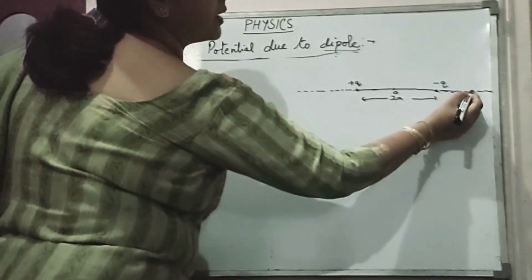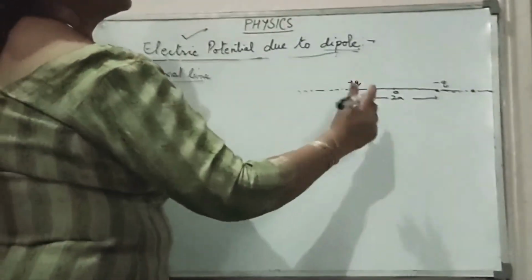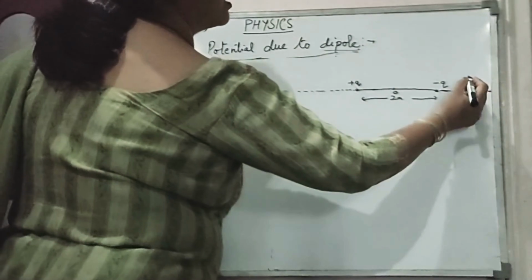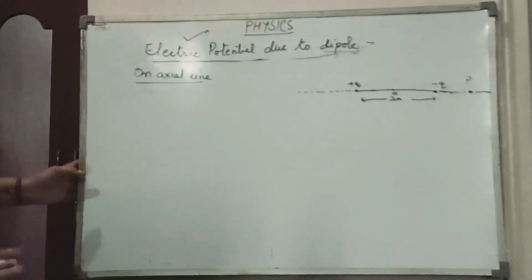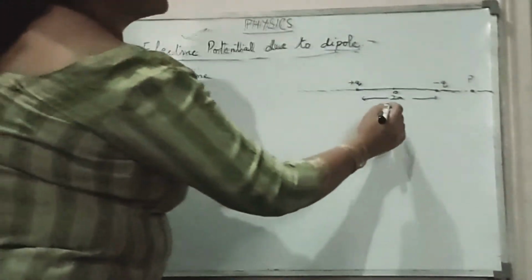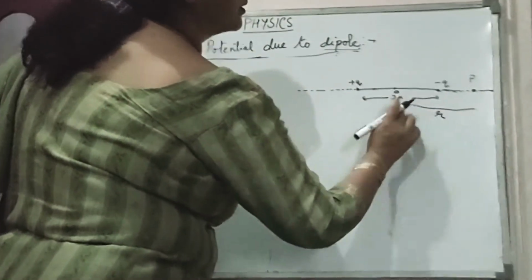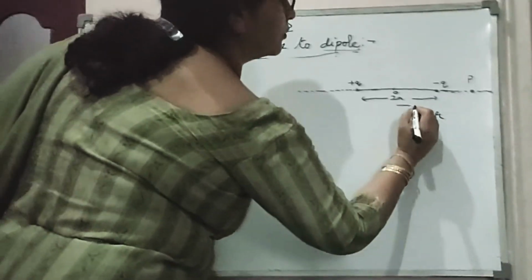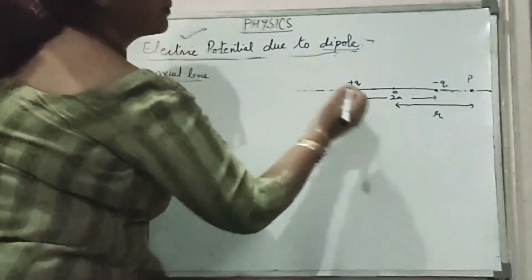We can consider it on the left as well as on the right, wherever you want to fix that point. Let's say I have fixed this point P on the right side of the dipole, which is at a distance r from the center of the dipole. This distance from O is r.